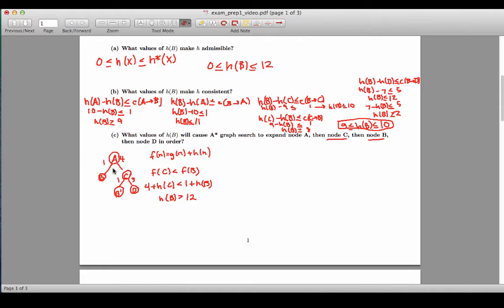The first is through the path A to B, and the second is through the path C to B. The path A to B is always going to be expanded first, because f of B is equal to g of B, which is 1, plus h of B, compared to f of B prime, which is the cumulative cost to B prime, 5, plus h of B. Let's clean this up a little bit. f of B is always less than f of B prime, because 1 plus h of b is always less than 5 plus h of b.